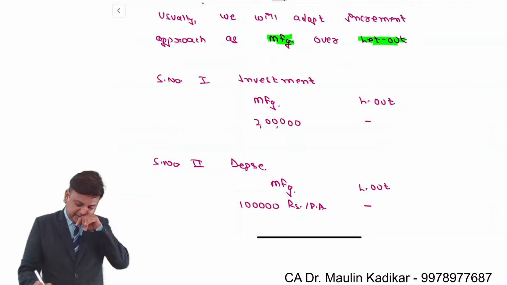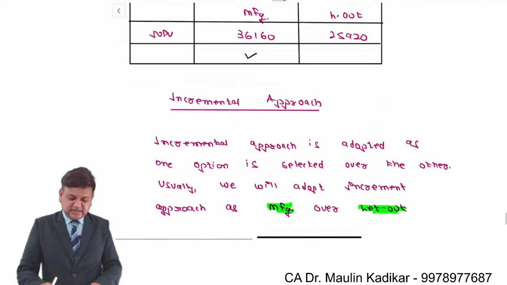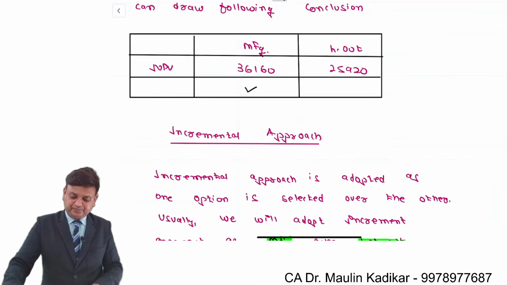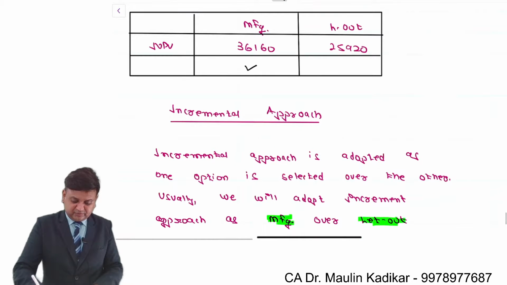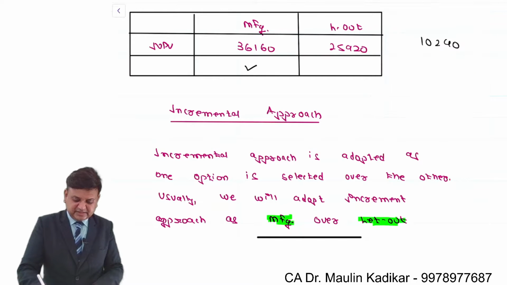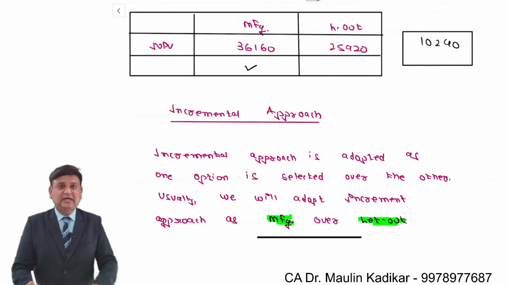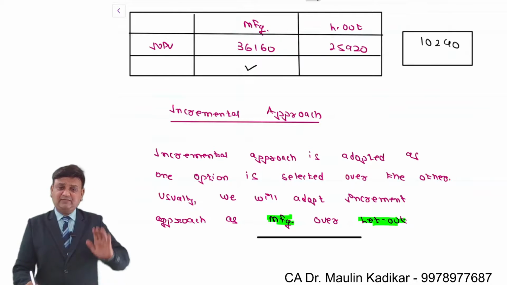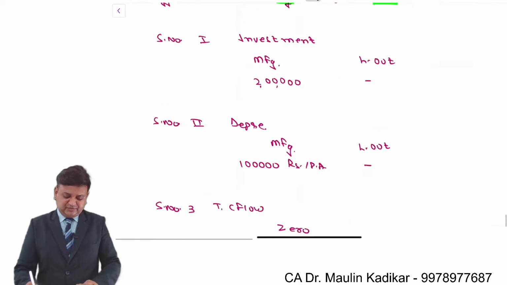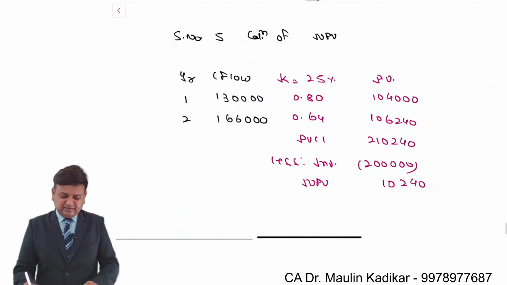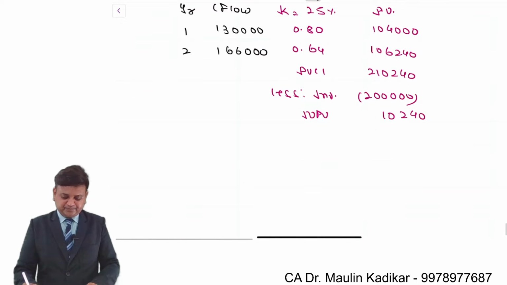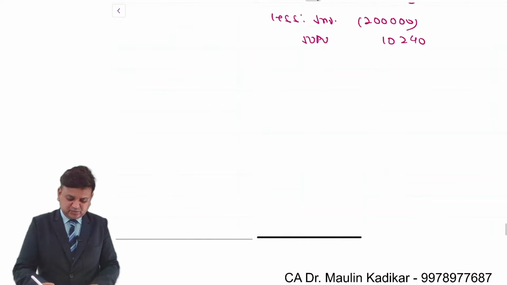Whatever the answer we have calculated over here can definitely be cross verified. 36,160 minus 25,920. You can see that the difference between both of them is 10,240. This difference is itself the incremental NPV that we are going to get.